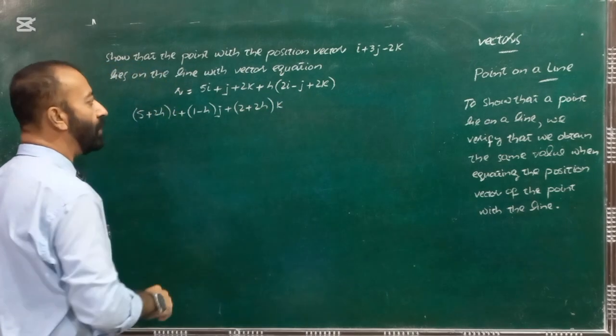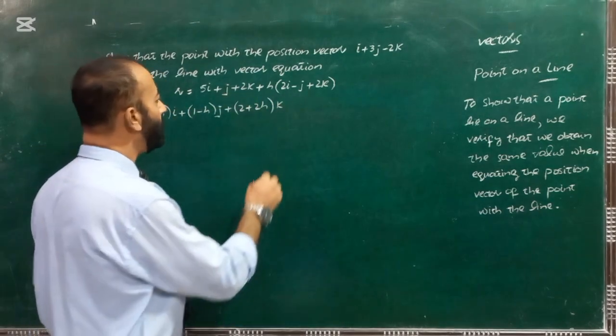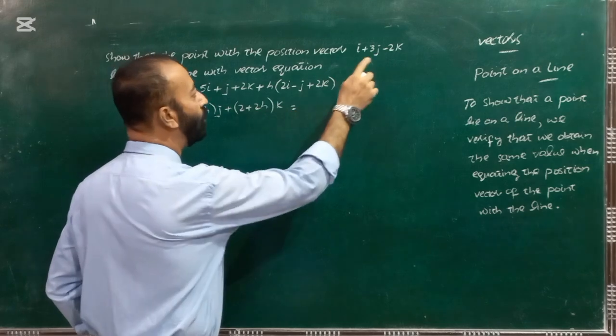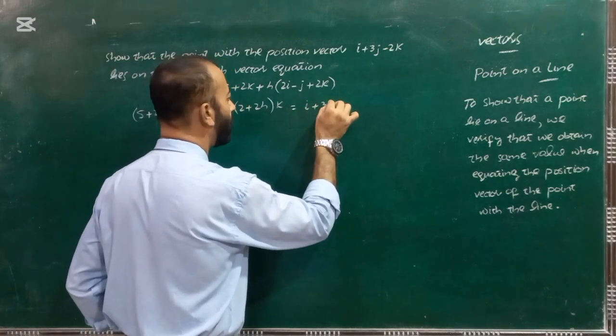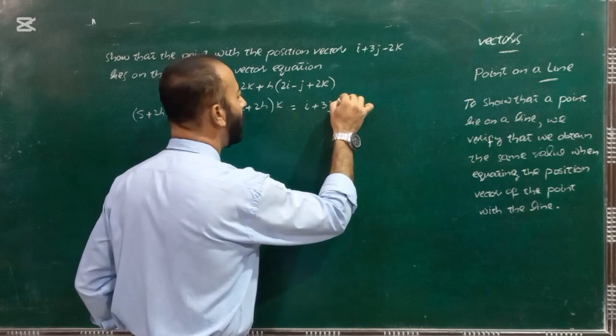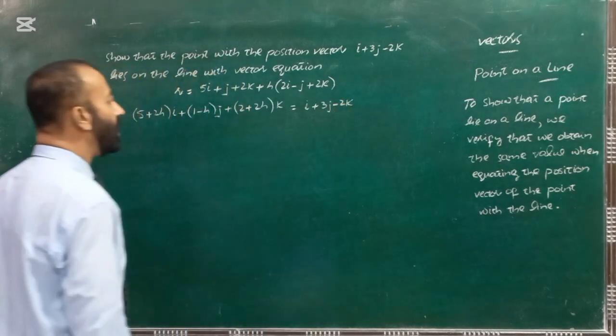So these are position vectors of the line. Now we are going to equate it with the point. So look now, i plus 3j minus 2k, and now we are going to equate.